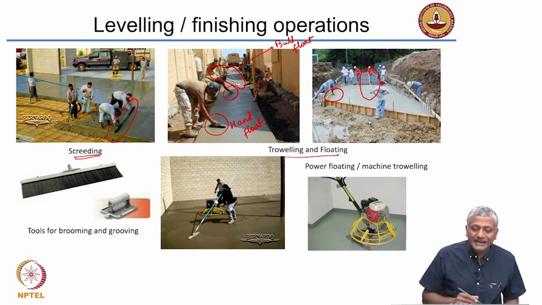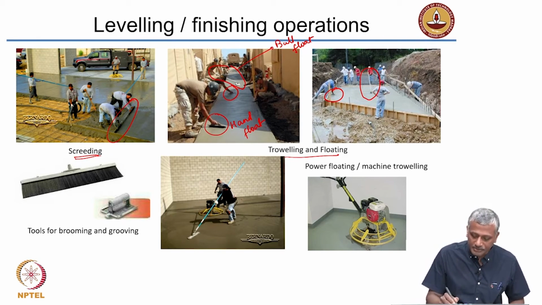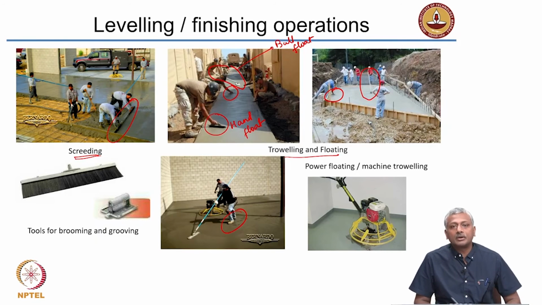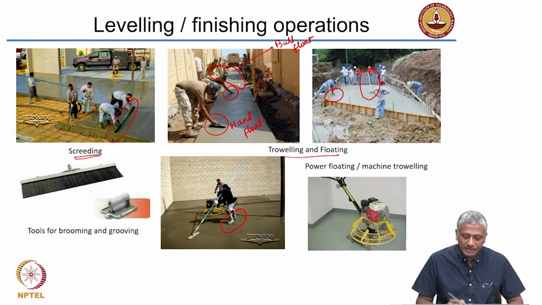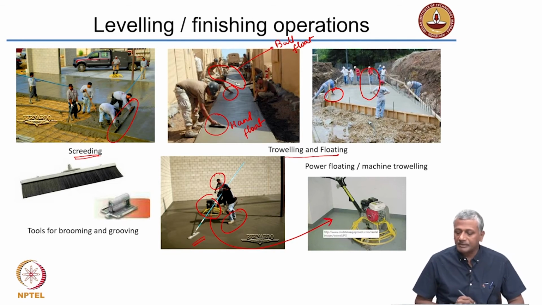So, this is the initial finishing operation. They are not standing on the concrete, but here you see this person is standing on the concrete which has been newly laid, and he is doing floating again. And this person here is carrying an instrument which is shown here, which is called a power trowel or a machine trowel, or power float.